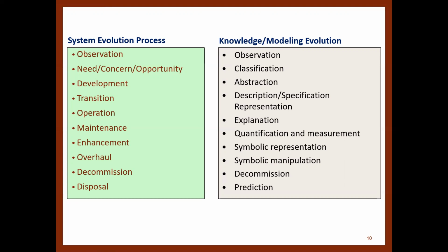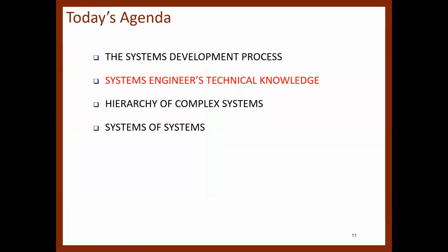Okay, so now we're going to transition to the systems engineer's technical knowledge. And what I want you to learn from this part of the lecture is that there are multiple levels in the hierarchy of complex systems, but it's impossible for the systems engineer to know every single detail for all the levels of the hierarchy.